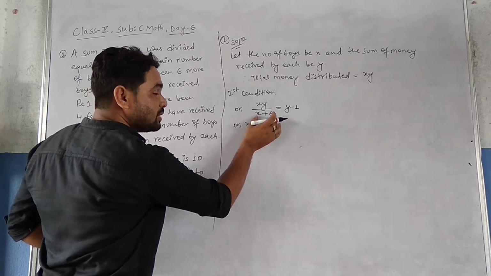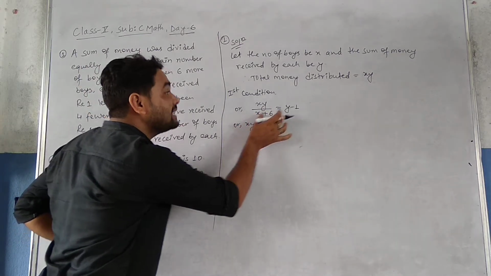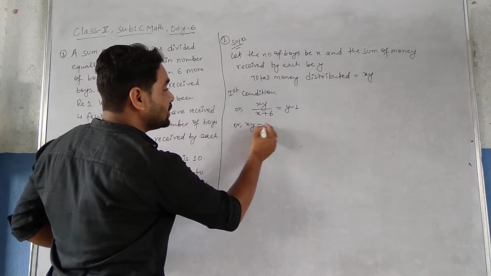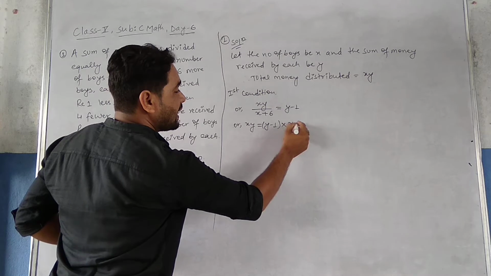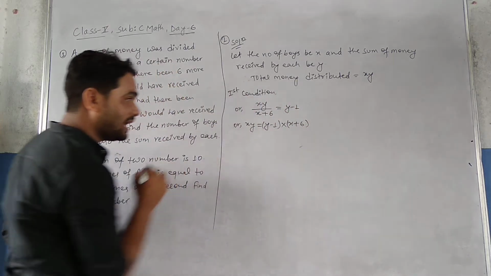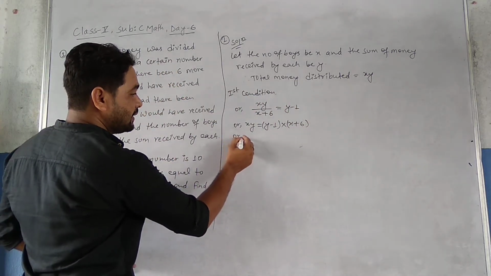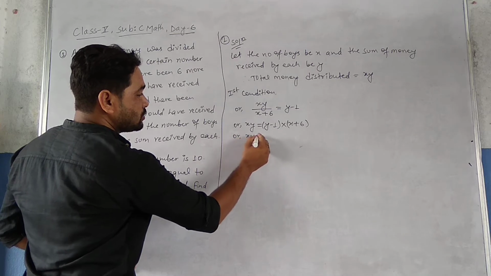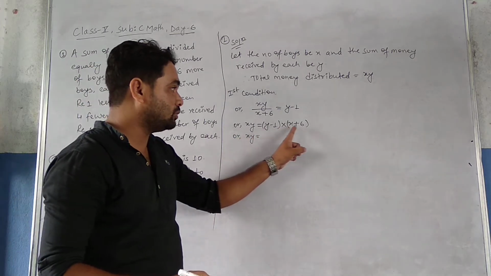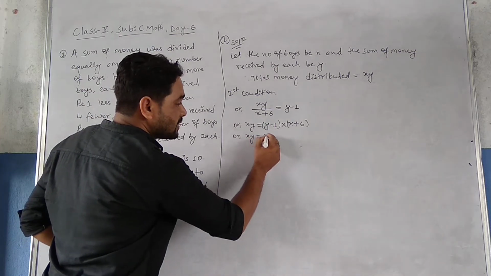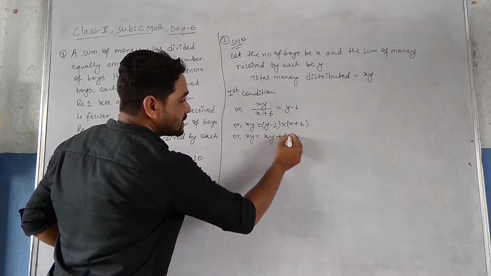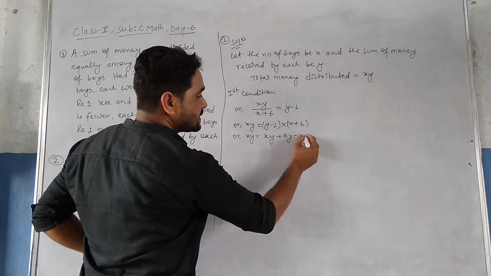So we get xy, and this x plus 6 is divided on this side, and it becomes multiplied. So we get y minus 1 into x plus 6. Let's multiply them. x into y equals y with both terms, and minus 1 also with both terms. We get xy plus 6y, then minus x minus 6.